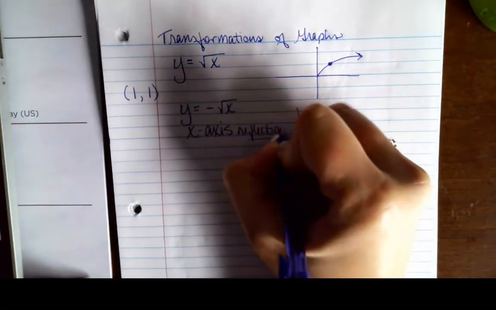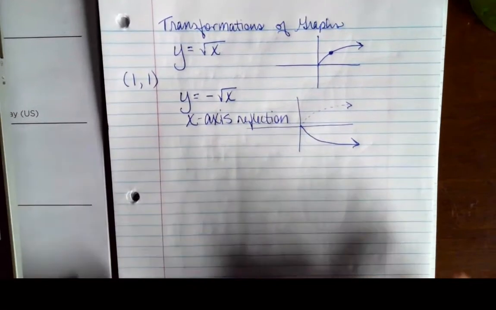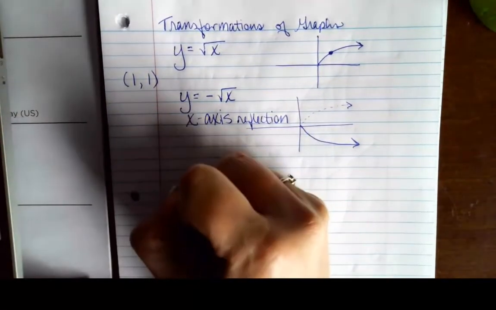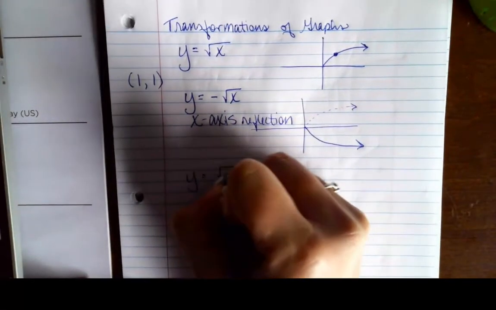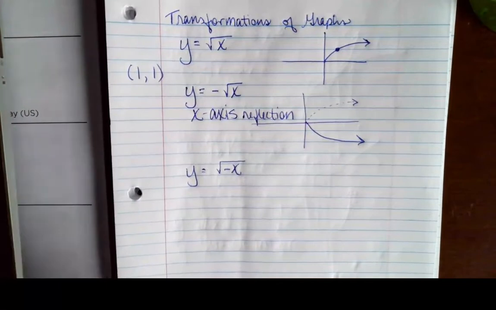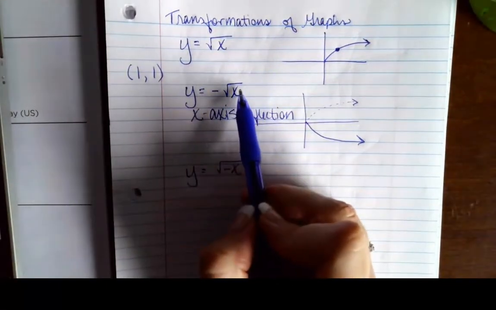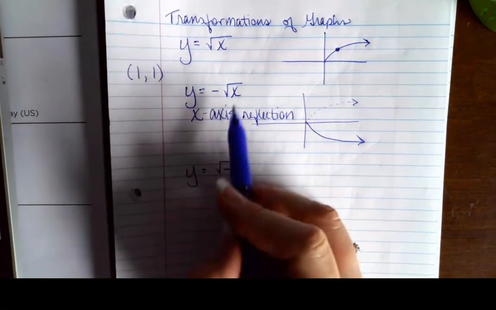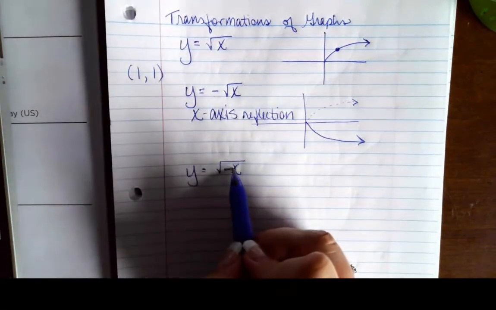All right, so another thing that we want to look for is a horizontal reflection, or a y-axis reflection. And that's going to occur when the inside, your x, is negative. So notice up here, the x is not negative. This says negative, what? Square root of x. This one says negative x.